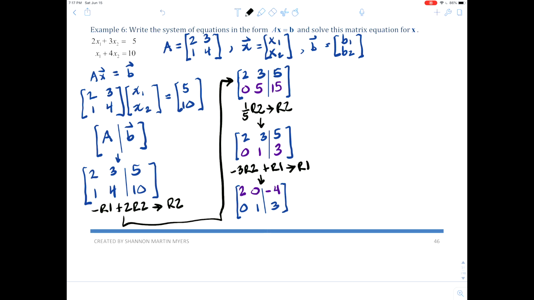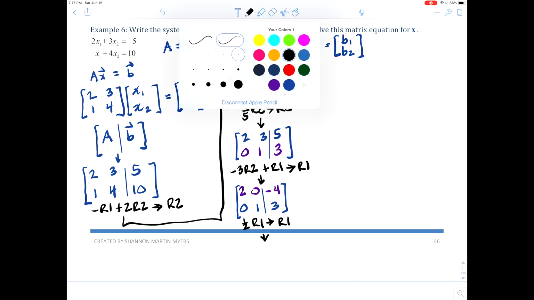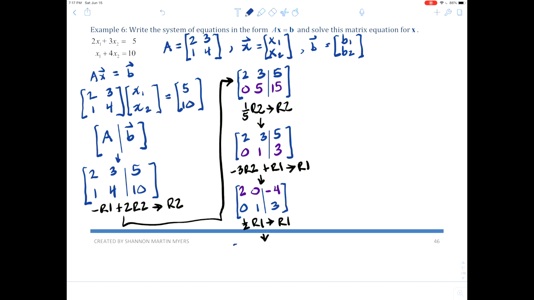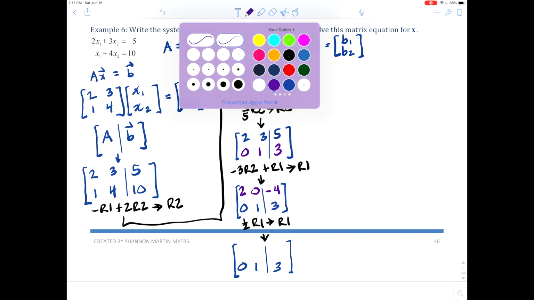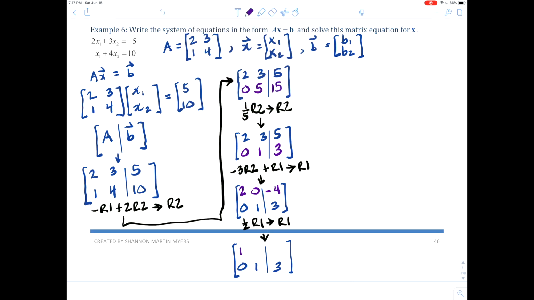If we just take 1/2 times row 1 for a new row 1, then we'll have row 1 looking pretty. So we'll have the matrix, let's see, 0, 1, and 3. And our new row 1 will be 1, 0, and negative 2.